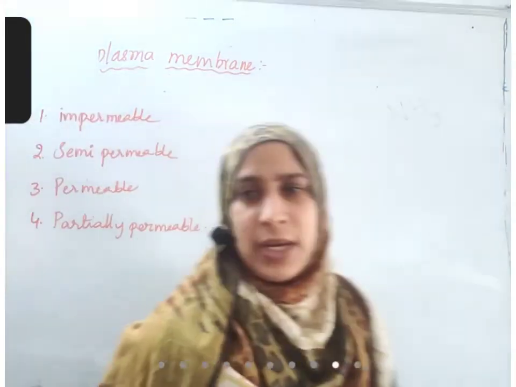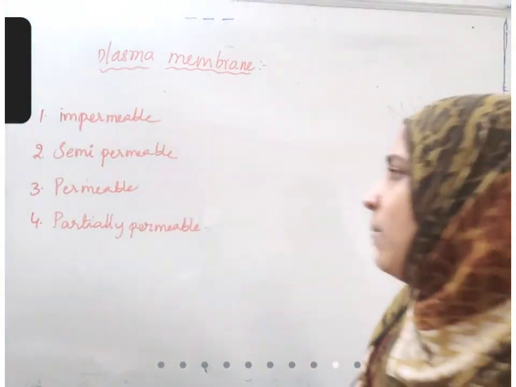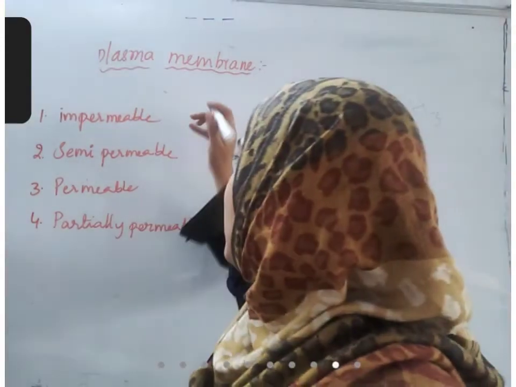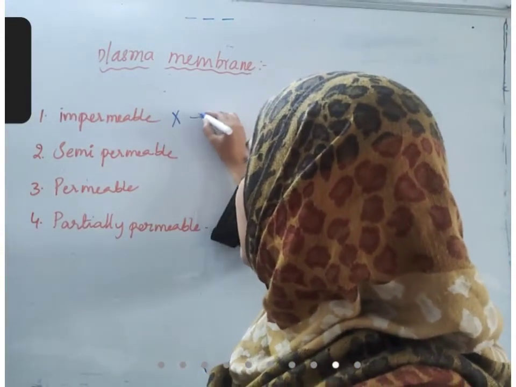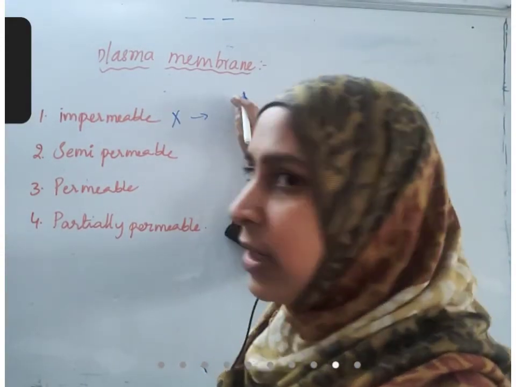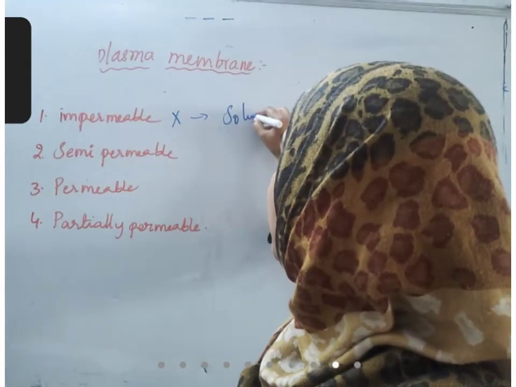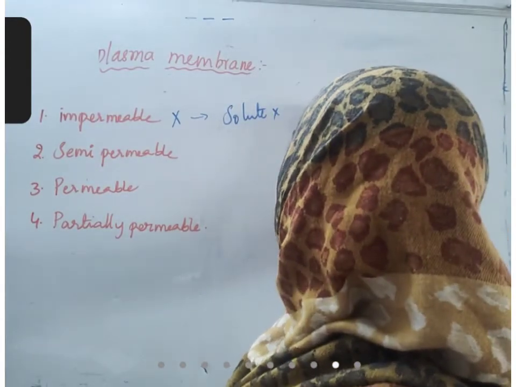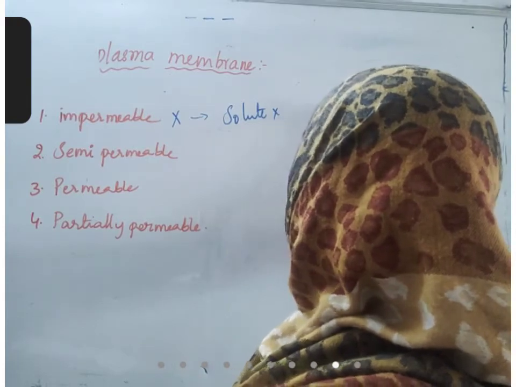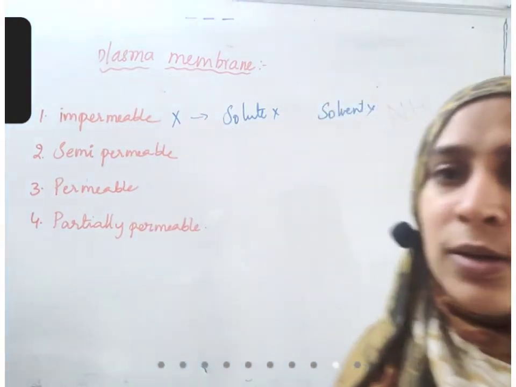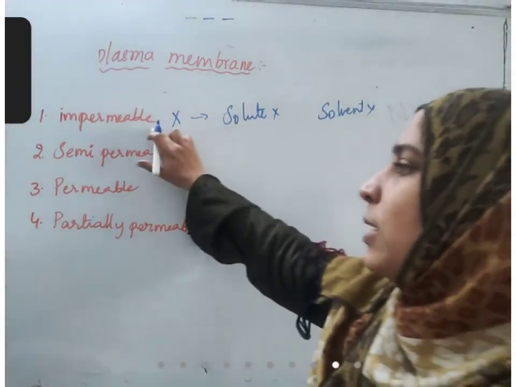Impermeable membrane is a membrane that does not allow any particles inside or out. Neither solute particles can pass, nor solvent particles can pass across such a membrane. No particle is allowed to pass.